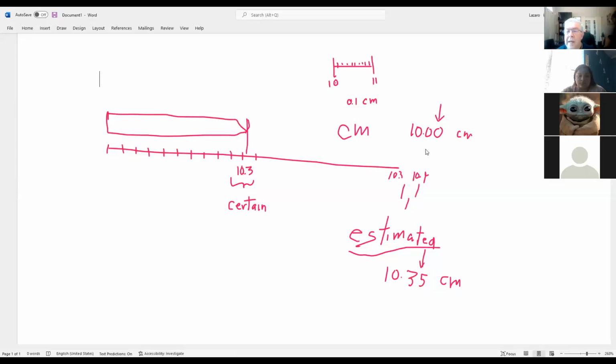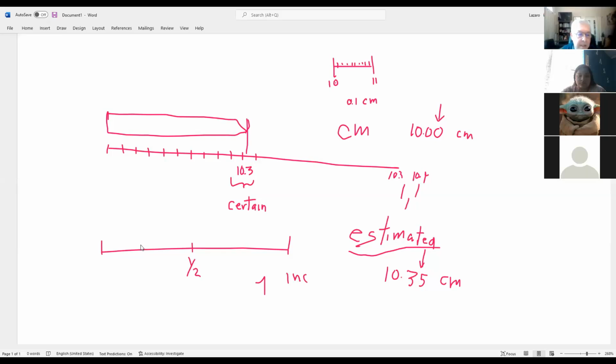Got it. And if you're using a ruler in inches, what happens? Suppose that from here to here is 1 inch. You know that there is a line in between. If you're going to report this, this will be a half.